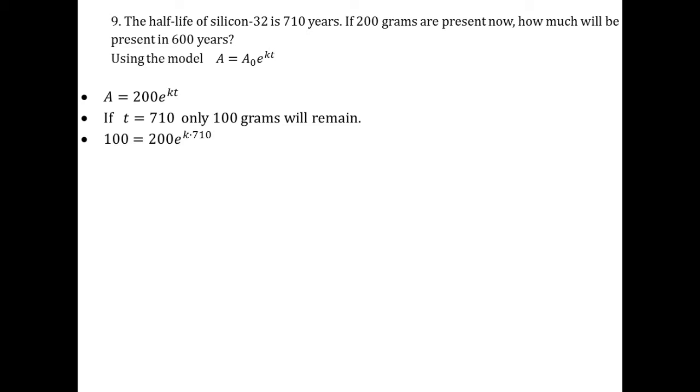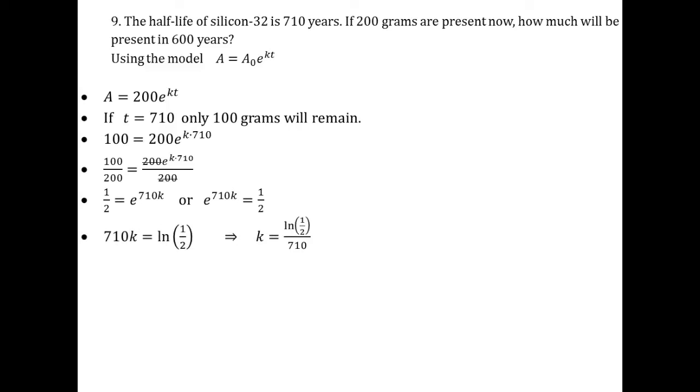This time we've got to find the decay rate, which shows up in the exponent. This is the continuous decay rate. So divide by 200, simplify to get e raised to the 710 times k power equals 1/2. Now we're going to convert from exponential to logarithmic form and then solve for k, not t.